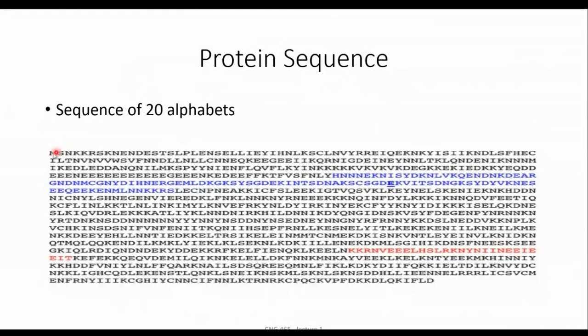Each letter corresponds to an amino acid, and the combination of them creates a protein, right? And we will talk about the details of how we can stop production, for example, from translation, and for example, cut it from here and have a different protein.